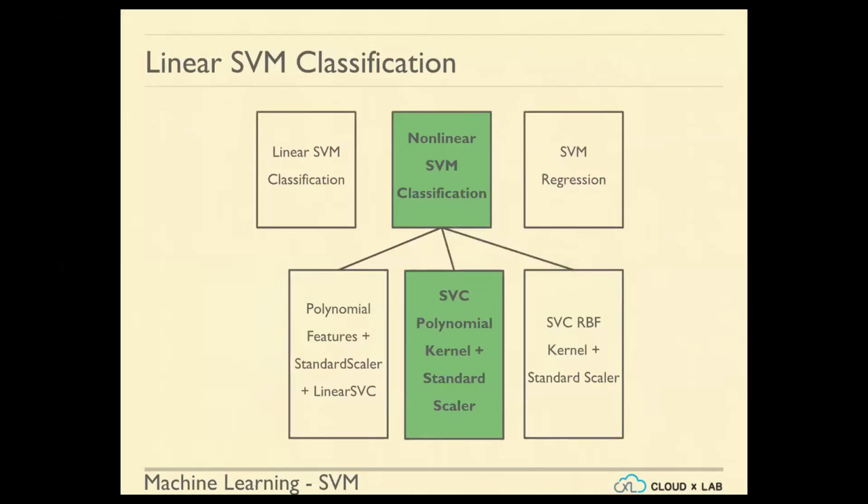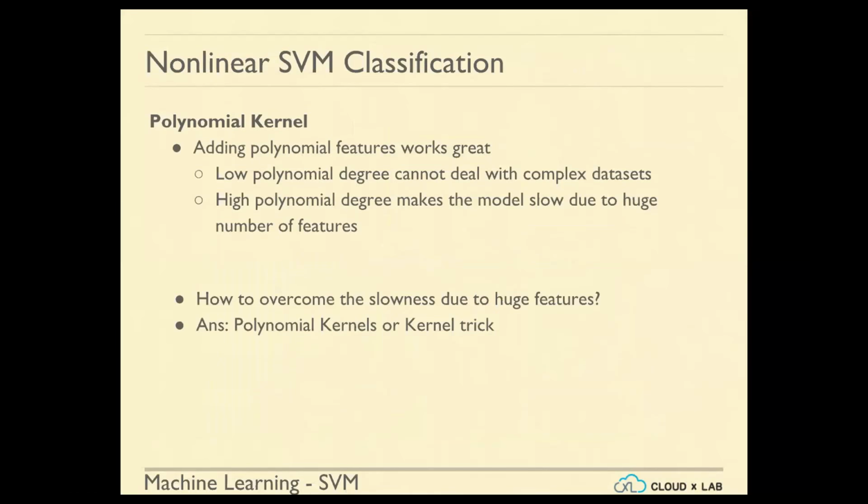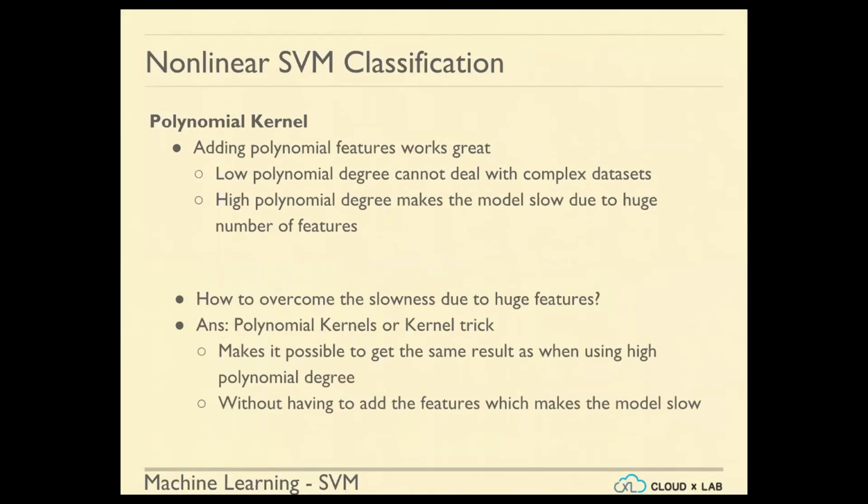Then we talked about something called the SVC kernel. Even though we did not go into the detail of how exactly the kernel trick is implemented, we talked about how to use it. Adding polynomial features worked great.